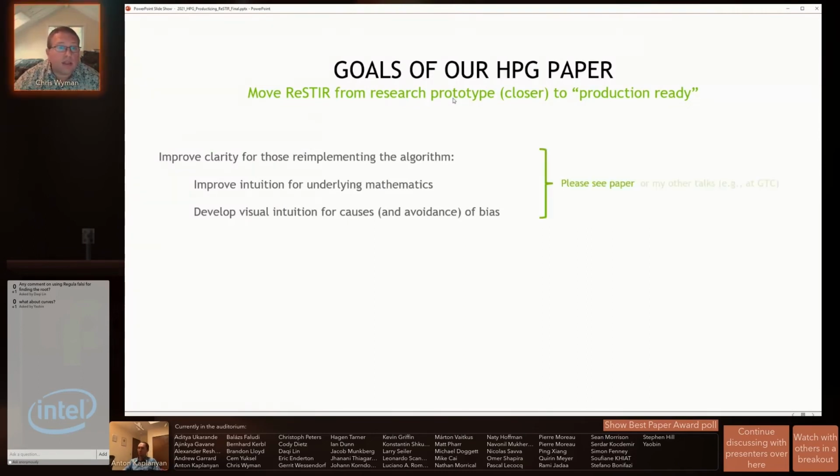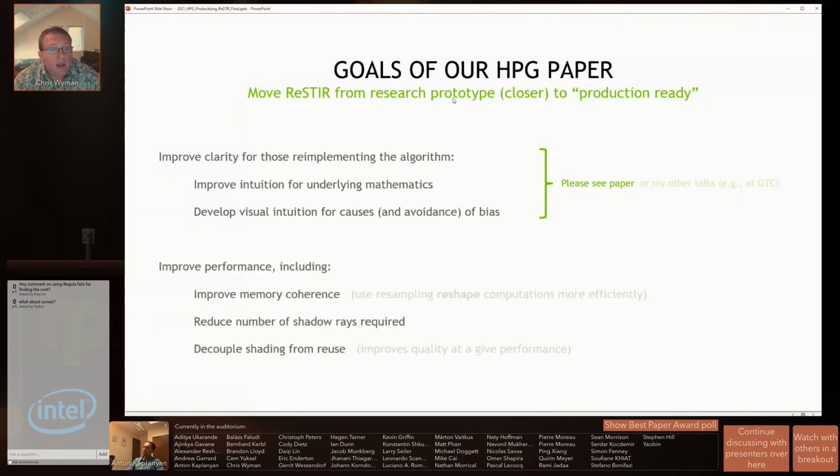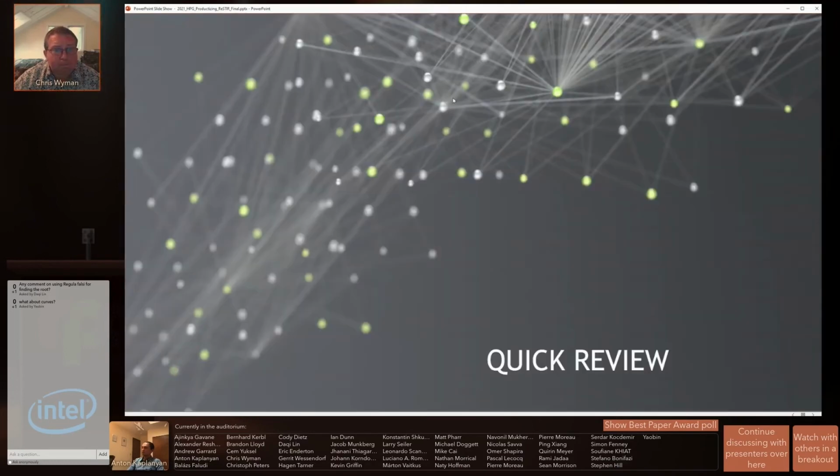So in the paper, and I encourage you to go read the paper, we talk more about this to develop this intuition. The second class of things, which I'm going to talk about today, is improving performance, including improving memory coherence, reducing the number of shadow rays required from 5 down to something more usable today, and decoupling shading from reuse. And again, this is something I'm going to talk about today.